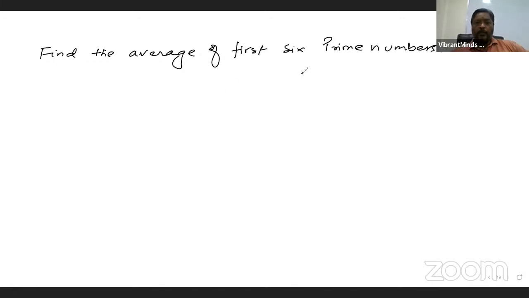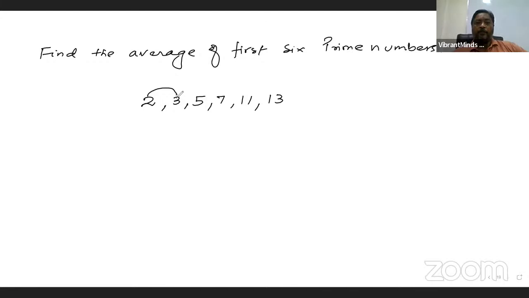So what are the first 6 prime numbers? The first prime number is 2. The next prime number is 3. The next is 5. The next is 7. The next is 11. And the next is 13. Isn't it?